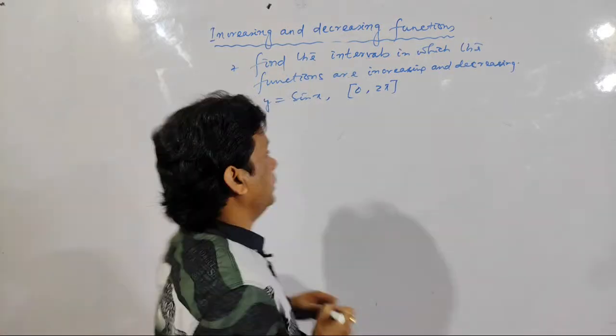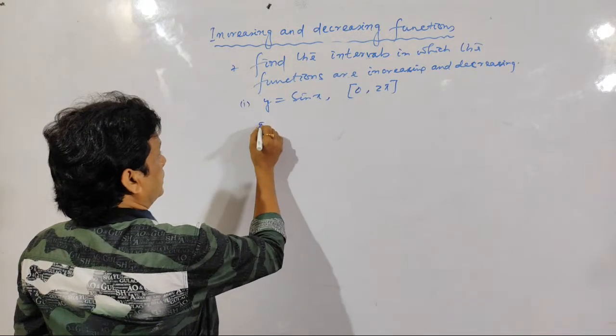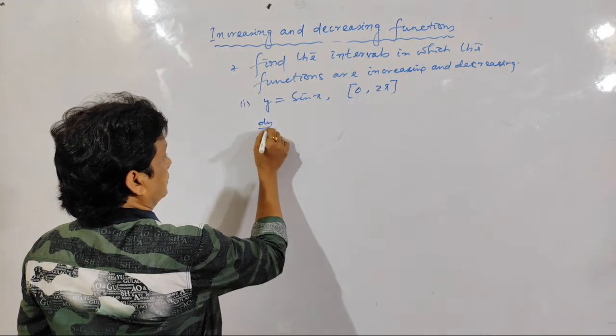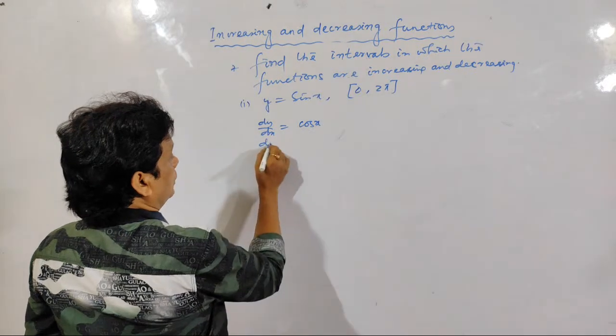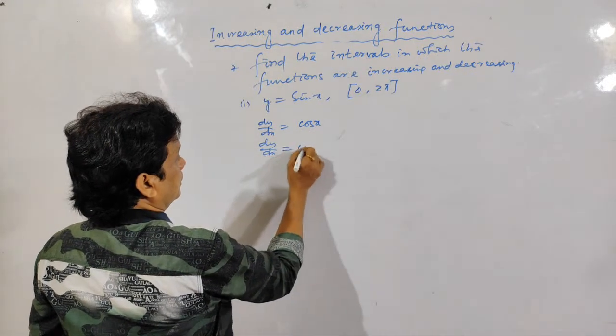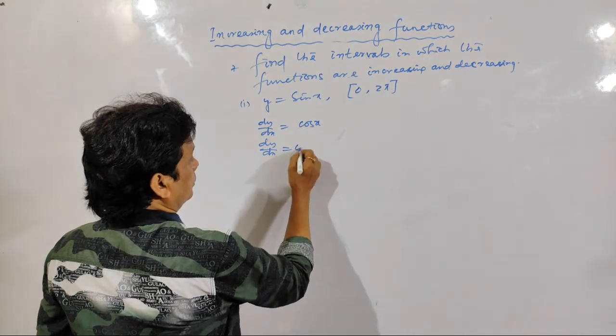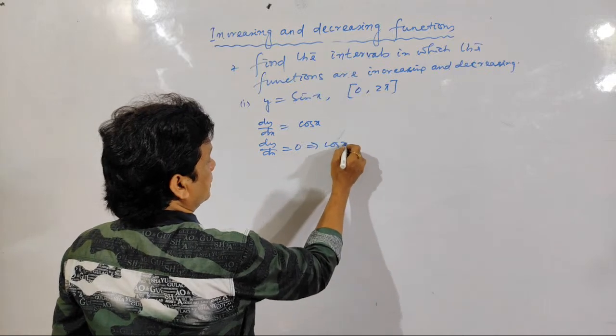Clear? So what is dy by dx? Derivative of sin x is cos x. So dy by dx is equal to 0 implies cos x is equal to 0.